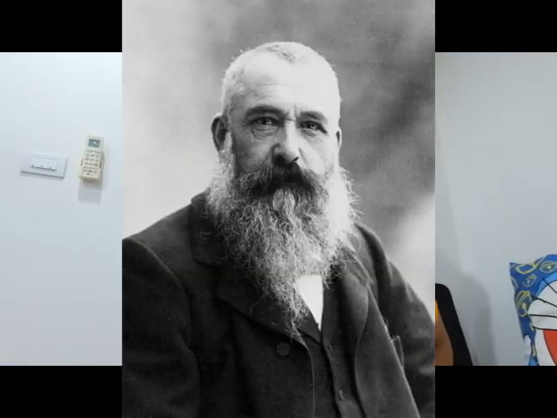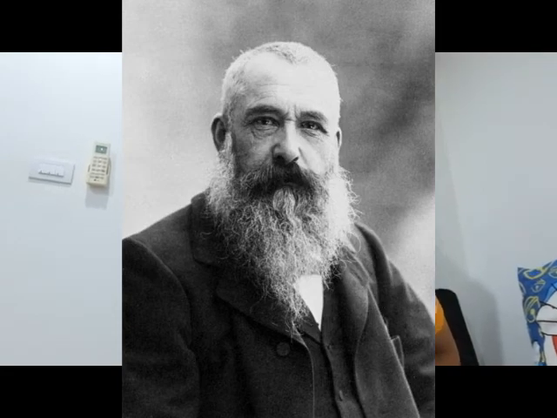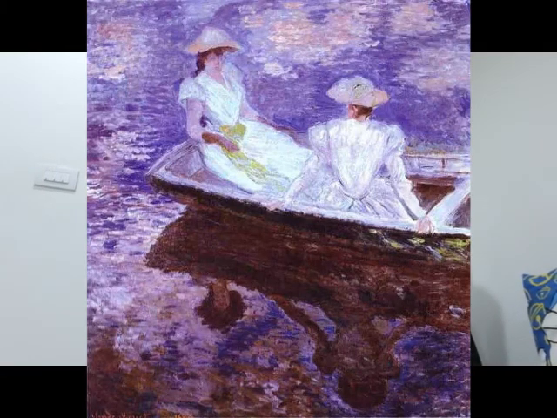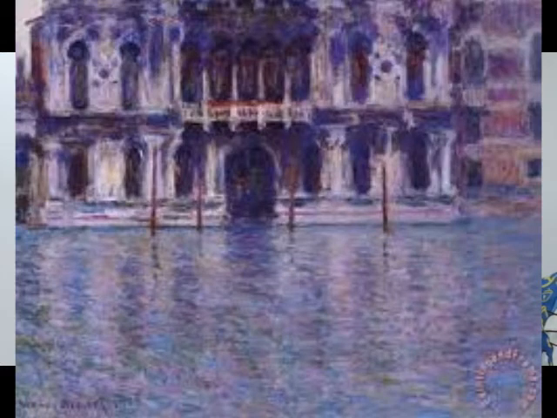Claude Monet was a French painter. He is the father of French Impressionist painting and the most consistent, prolific practitioner of the movement's philosophy of expressing one's perception before nature, especially as applied to plein air landscape painting.